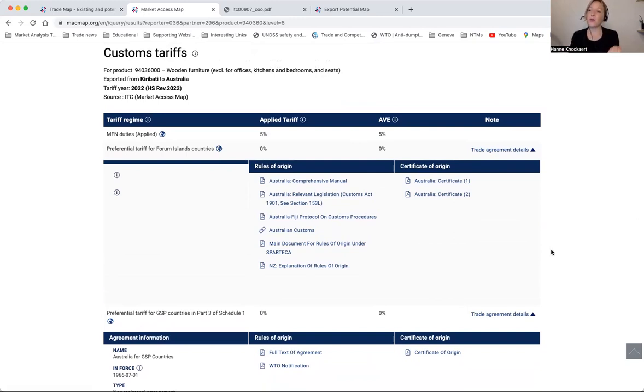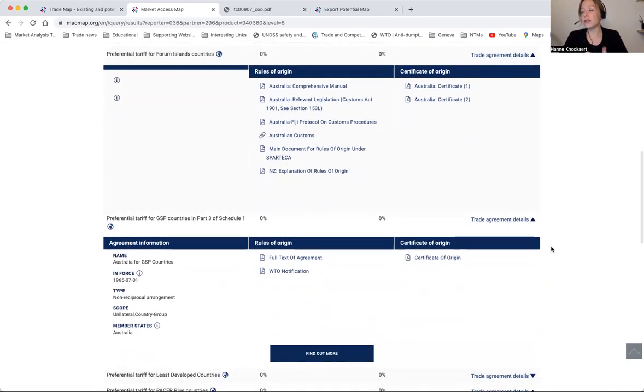So that's why when we were looking for different products before, nothing showed up, because for these products there was no preferential treatment. So these ones show up now because for this wooden furniture, you can take advantage of some of these preferences. How do you decide which of these preferences you want to use?